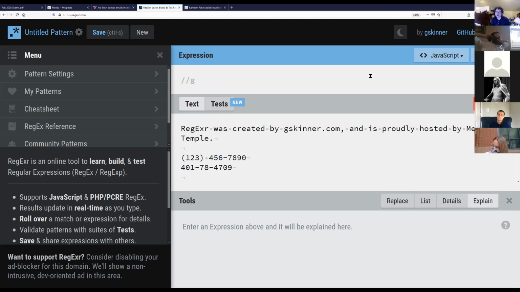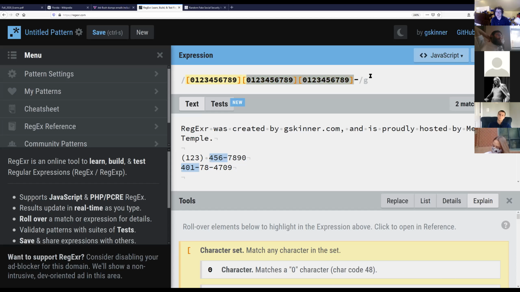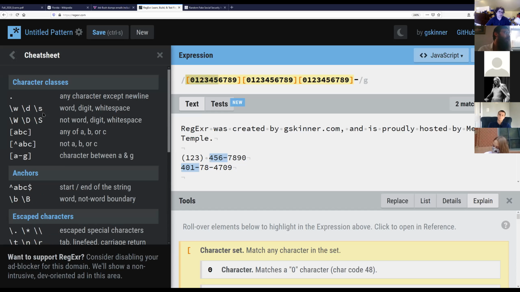But I'm going to go back for a second. Everybody agrees this looks pretty bulky and hard to read, right? Well, in regular expressions, there's a very common character set. So I'm going to click cheat sheet on here. Very common character classes.